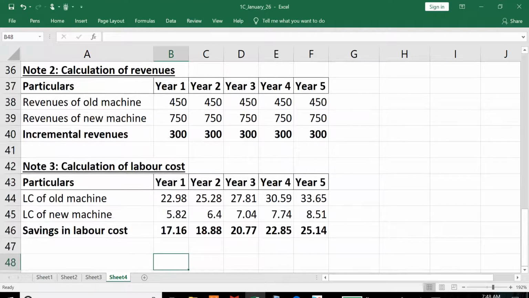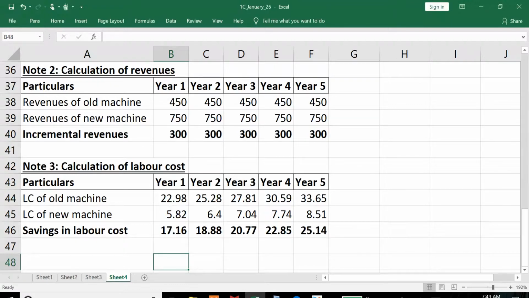We save 17 lakhs, 18, 20, 22 and 25. Old machine labor cost increases by 10%, new machine will also increase by 10%.